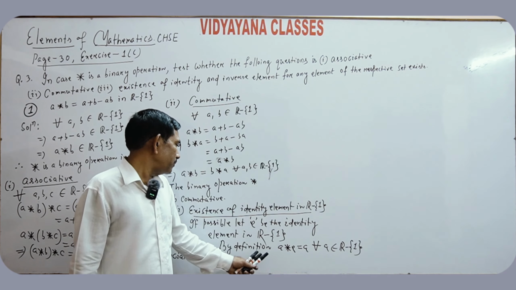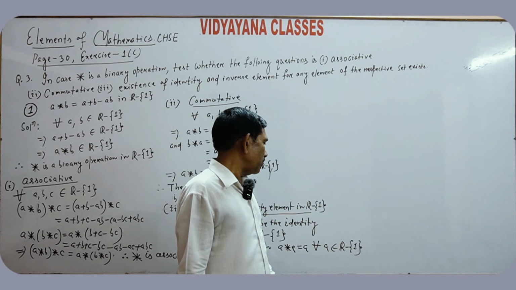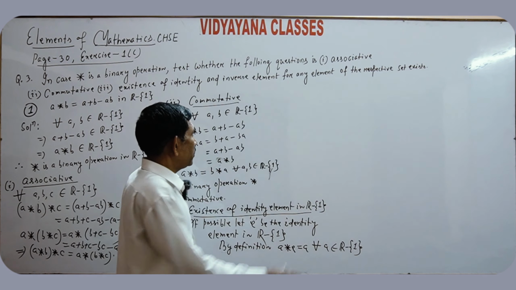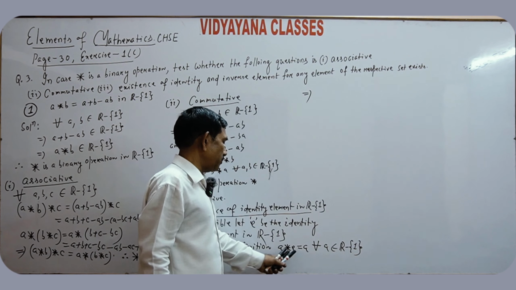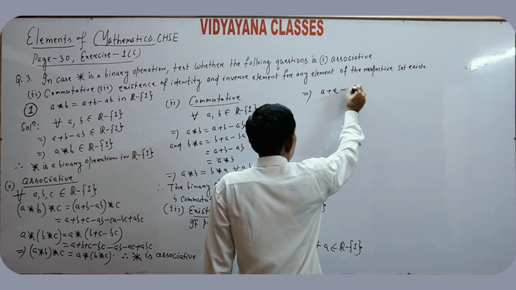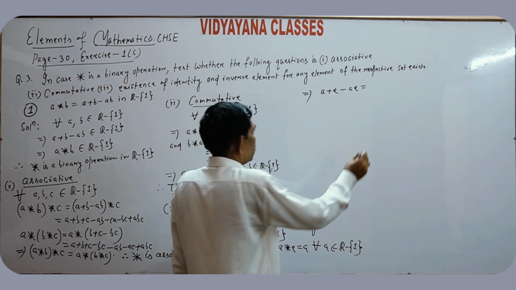By definition, A star E is equal to A for all A belongs to R minus set of 1. It is the definition of identity, which implies A plus E minus AE is equal to A.